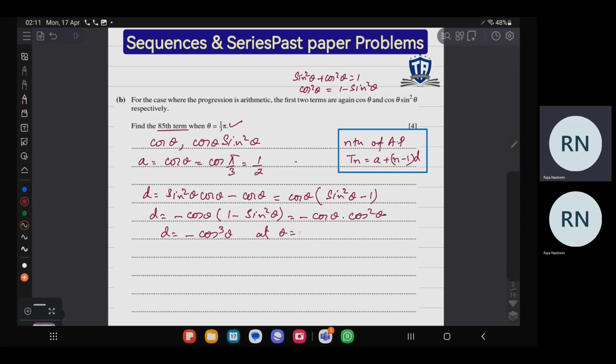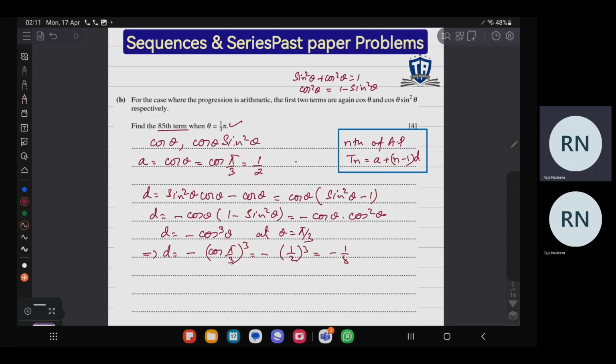At the value of theta, pi by 3, the difference would be equal to minus cos pi by 3 whole power 3. It is 1 by 2 power 3, and the value of d becomes minus 1 over 8.